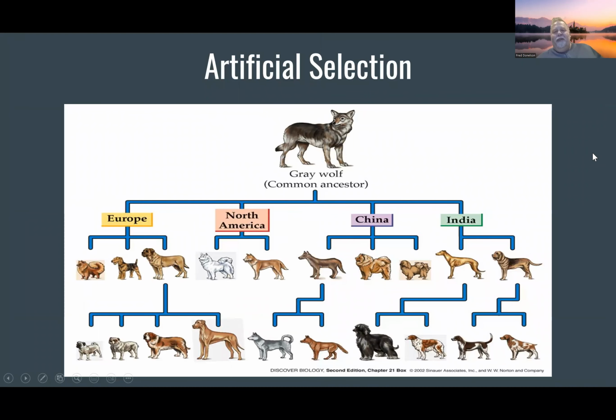Now, Darwin knew from just looking at domesticated animals that this principle worked even there. Many of you may not realize, but we think all the dogs that we have today basically came from the gray wolf. We believe that wolves were probably the first domesticated dog kind, so to speak.